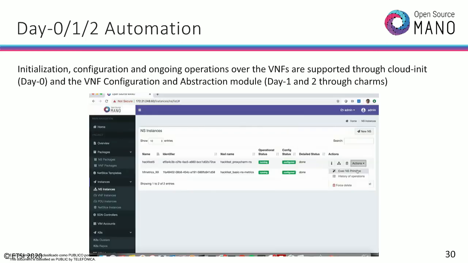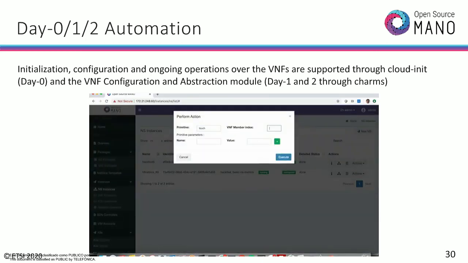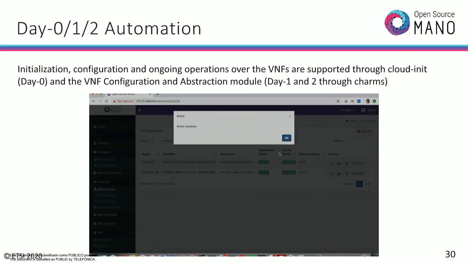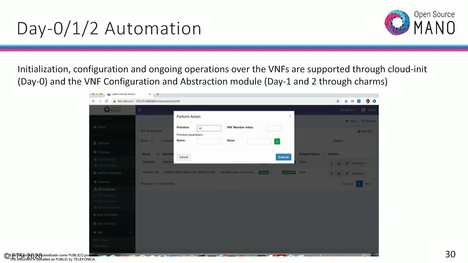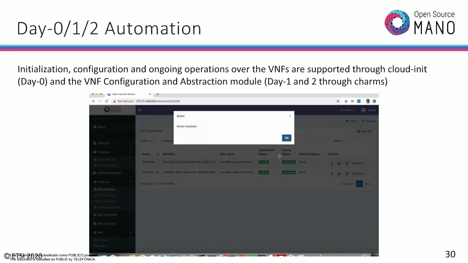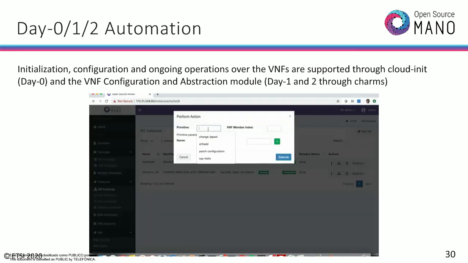So what we provide is configuration of those functions so that the professional services that are typically tied to any network service deployment nowadays are not needed anymore, because most of the operations required for installing and configuring an NS are automated within the package.